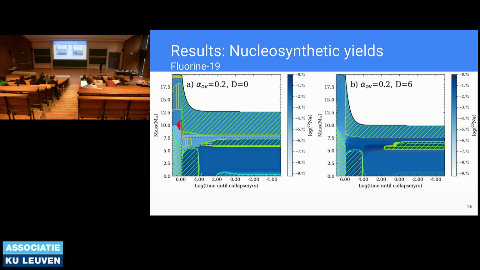So here we have the Kippenhahn diagrams for fluorine. This is always present, so this is why it's in the envelope. And you can see here during hydrogen burning, part of it is already destroyed. And this is why you get this empty band over here. Then during helium burning, it's partially produced, but also again destroyed.